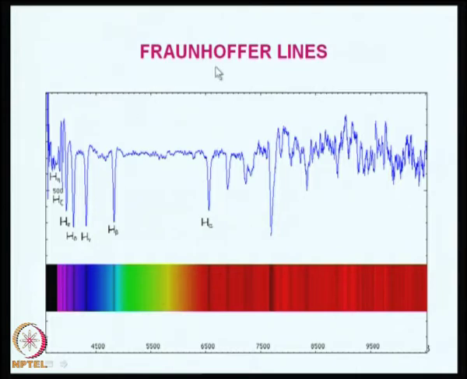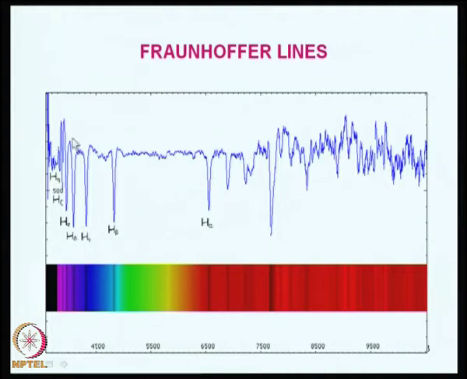So, these are known as Fraunhofer lines, and here you can see the dark lines in the colored spectrum at the bottom. Here I have put wavelength, 4500, 5500, 6500, like that up to 9500.